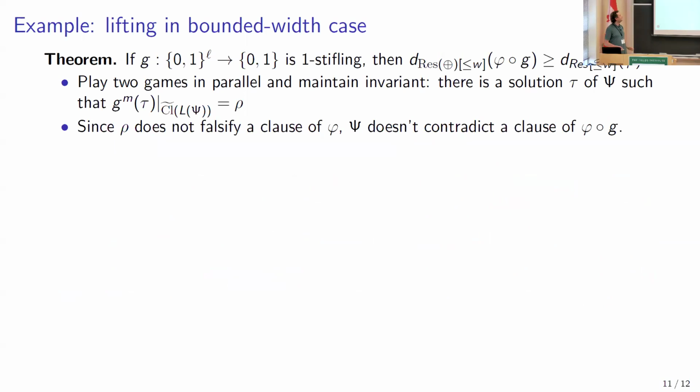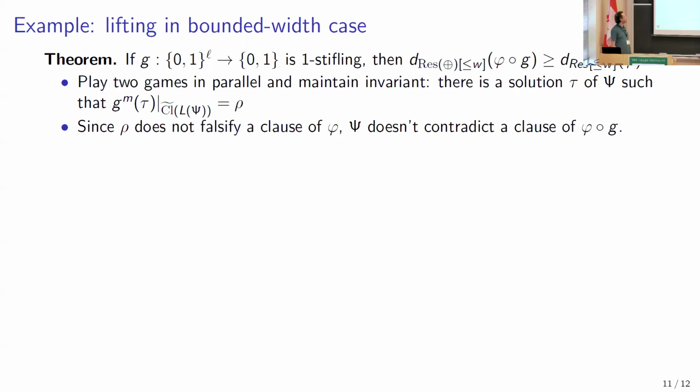We will play two games in parallel and maintain the invariant that there is a solution of the current linear system in the second game such that this solution on the closure of the set of linear forms from the system psi equals the partial assignment rho in the first game.